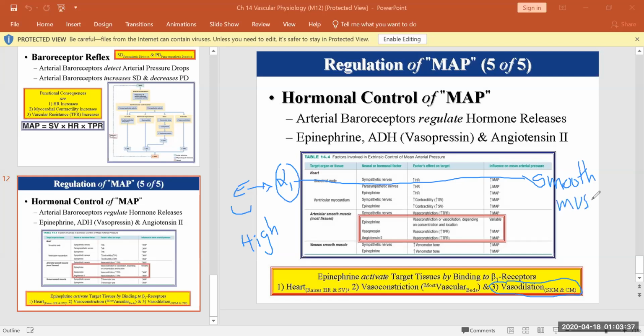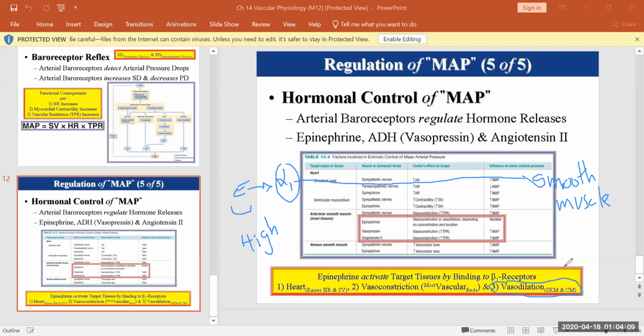I need to have something to write better than this. Sorry, guys. Okay. So these alpha 1 receptors are located at the cell membrane or plasma membrane of smooth muscle cells that are in the wall of blood vessels that are perfusing systemic tissues. Most of the systemic tissues, most of the vascular bed, except cardiac muscle and skeletal muscle, okay?